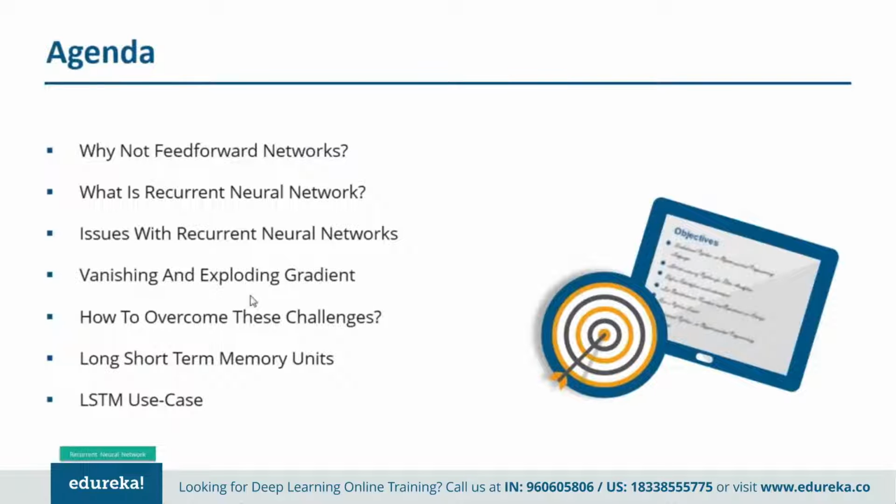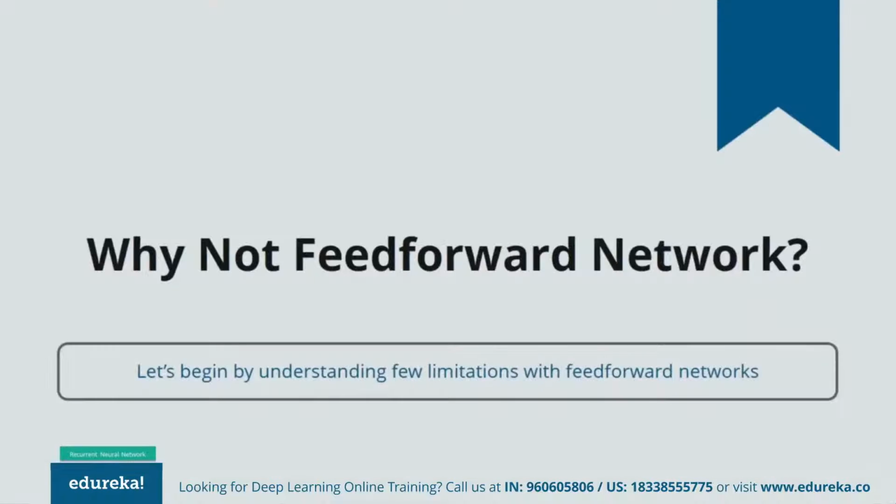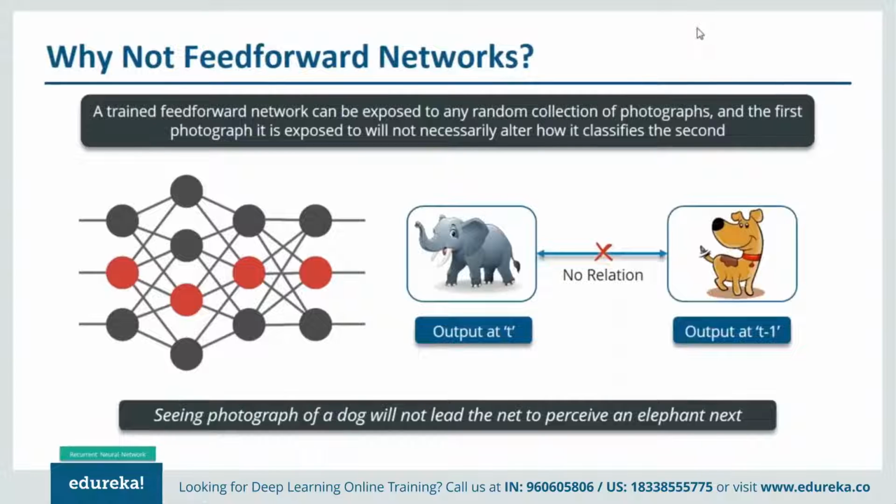So guys, let's begin. We'll understand why we can't use feed-forward networks. Let us take an example of a feed-forward network that is used for image classification. We have trained this particular network for classifying various images of animals. Now if we feed in an image of a dog, it will identify that image and provide a relevant label to it. Similarly, if we feed in an image of an elephant, it will provide a relevant label to that image as well.